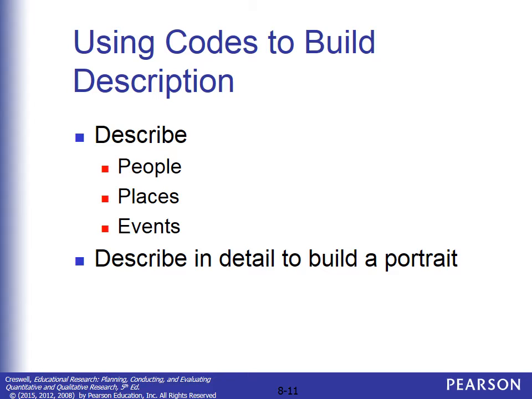So to describe an individual or a participant, the qualitative analyst might ask, what is this person like? Or describe a place, what is this place like? In providing detailed information, description can transport the reader to a research site or help the reader understand and visualize the research site or the participant being interviewed.